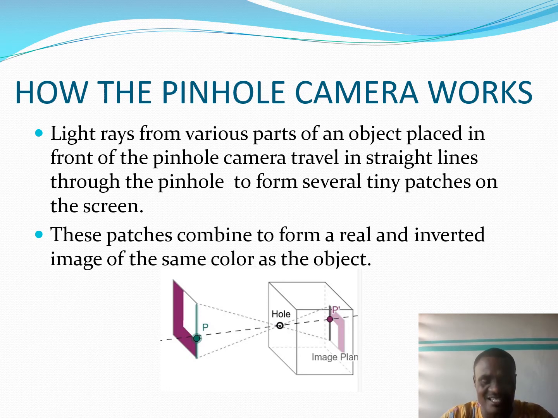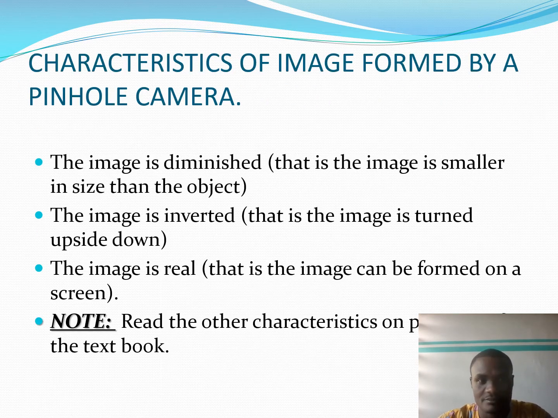Look at the L image over there. It turns upside down to form an image inside the pinhole camera, which looks like 7 instead of L. Let's look at some of the characteristics of images formed by a pinhole camera. As I said, the image is diminished.